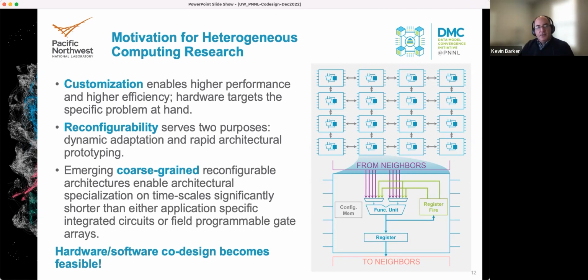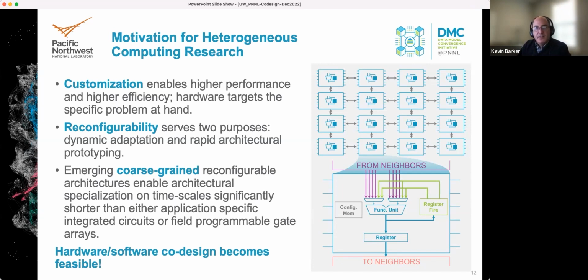And I'll highlight that with a project that was in our portfolio called the compute flow architecture, where we actually make use of reconfigurability during runtime to partially reconfigure processors or computational substrates to do different tasks in a computational pipeline. And so the reconfigurability itself is actually enabling some of these explorations that we're doing within DMC.